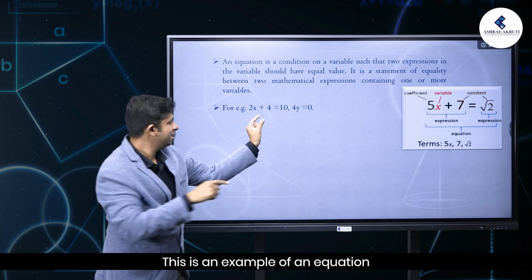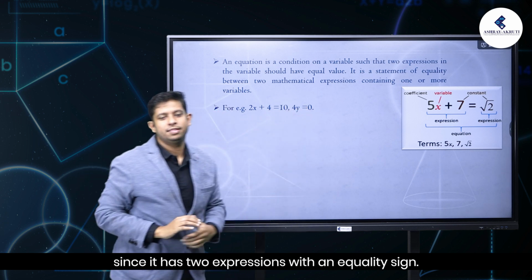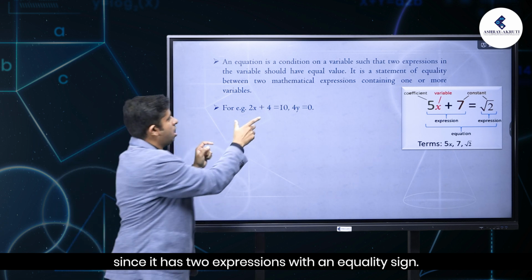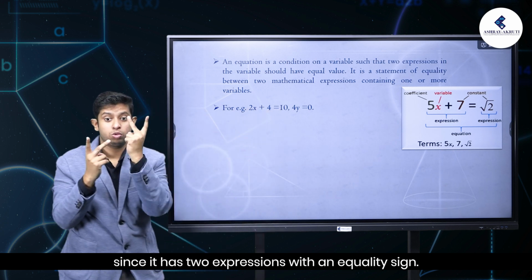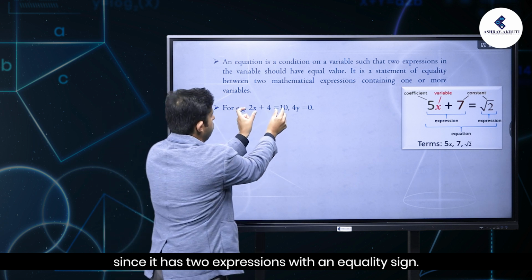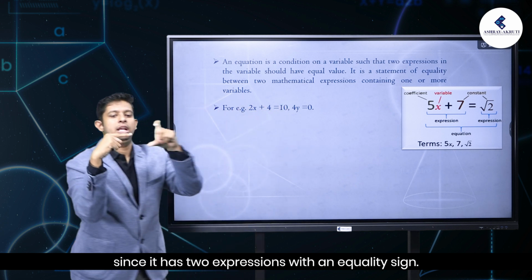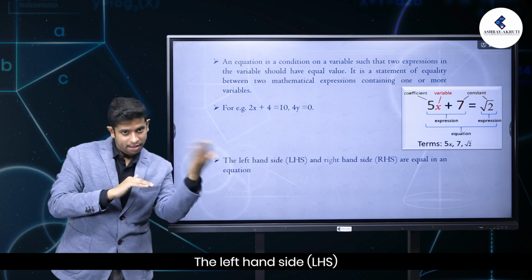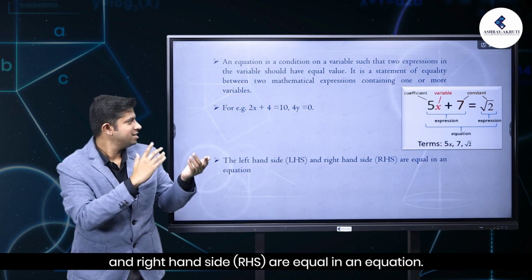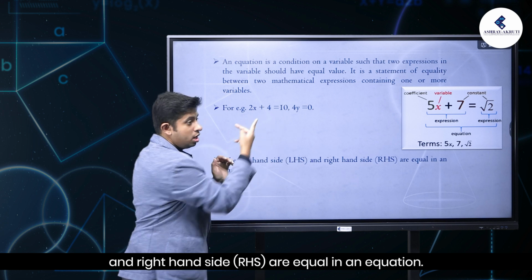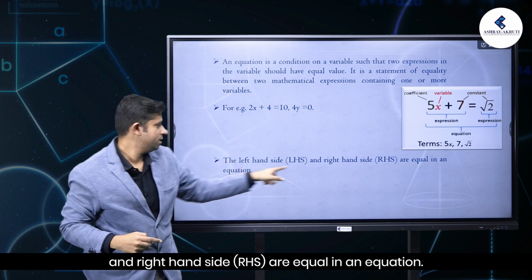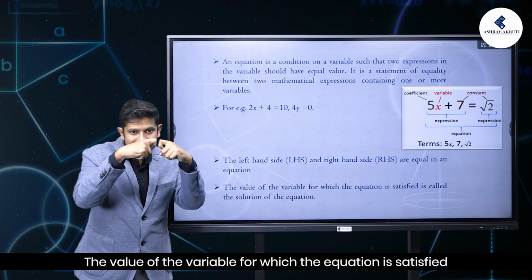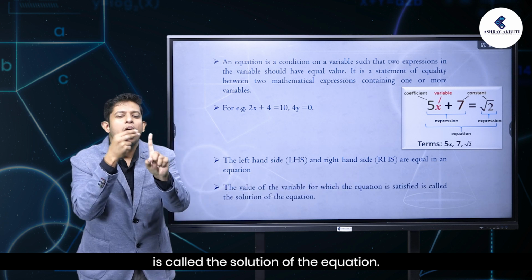This is an example of an equation since it has two expressions with an equality sign. The left-hand side LHS and right-hand side RHS are equal in an equation. The value of the variable for which the equation is satisfied is called the solution of the equation.